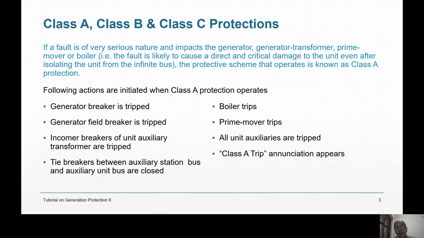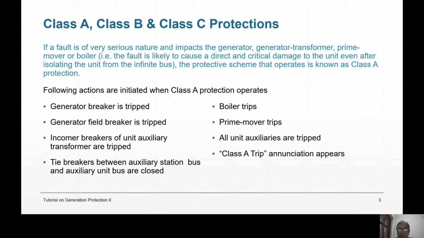Therefore, turbine has to be tripped. That means the steam stop valve has to be closed immediately. On turbine, there are two kinds of valves: two steam stop valves and two steam control valves on both sides of turbine. Steam stop valve has only two states, 0 or 1. 0 means completely closed, 1 means completely open.